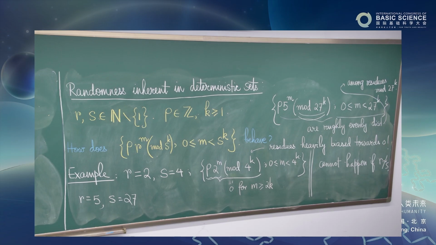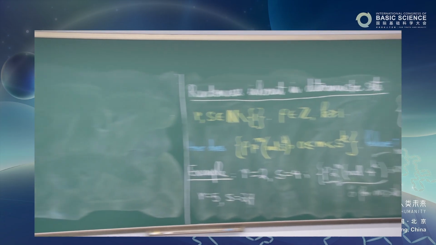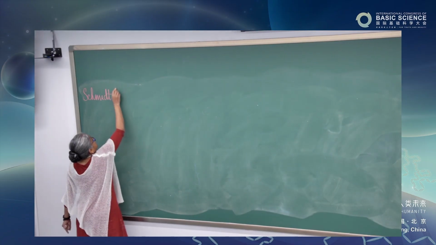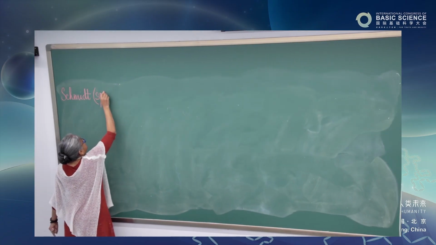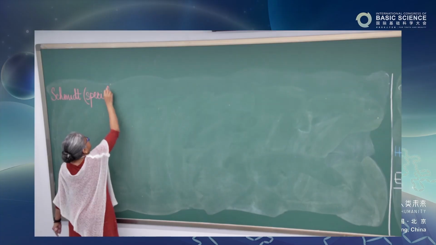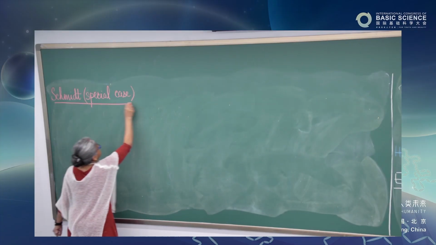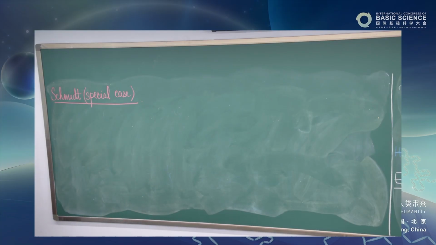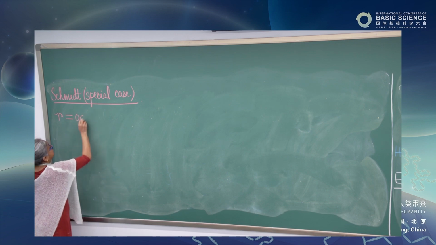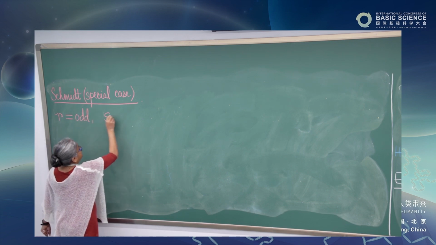The actual full result is complicated, but I'm going to give you an example. So this is a result of Schmidt, special case. All right, so I'll write it down in the special case where R is odd and S is 2.